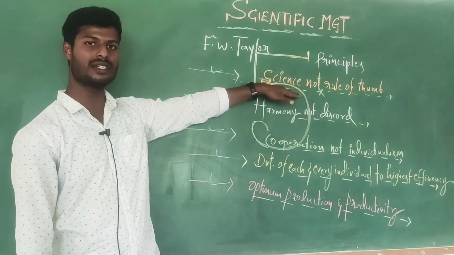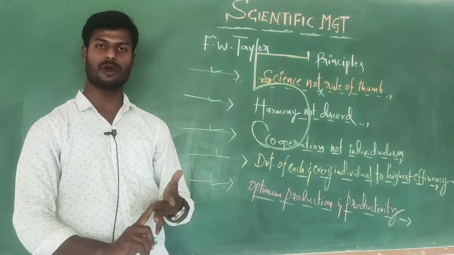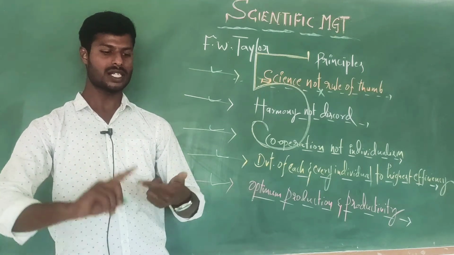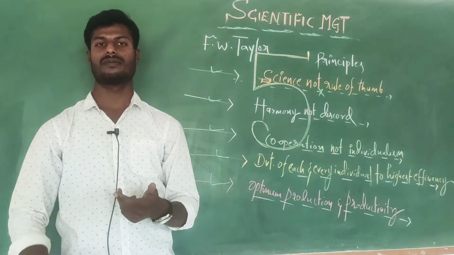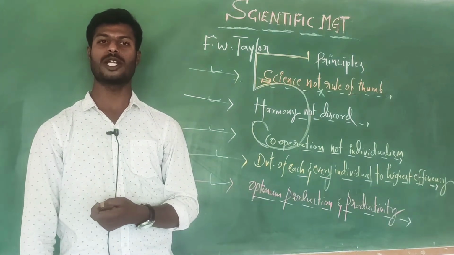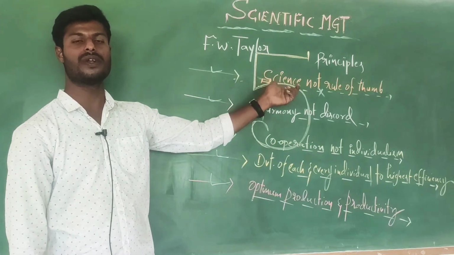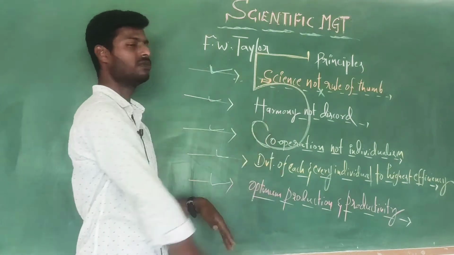We must apply scientific selection, scientific recruitment, proper remuneration, proper training, sophisticated machinery and resources, and proper operations management in the organization. That is called science, not rule of thumb.